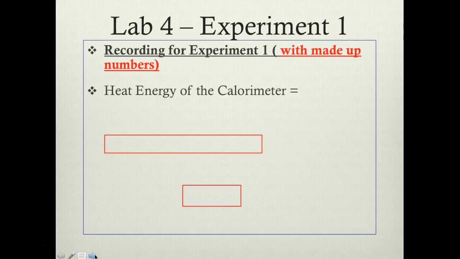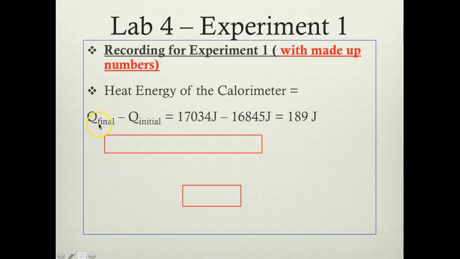So the heat energy of the calorimeter is the Q final minus the Q initial. Or rather it's the opposite; it should be Q initial minus Q final.